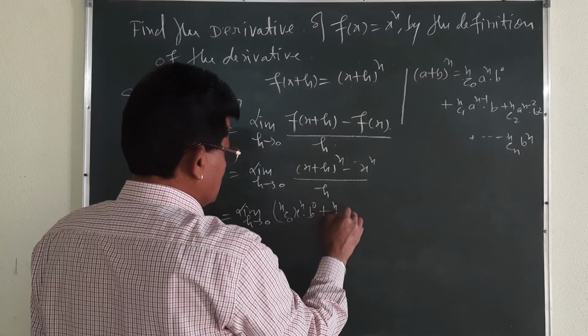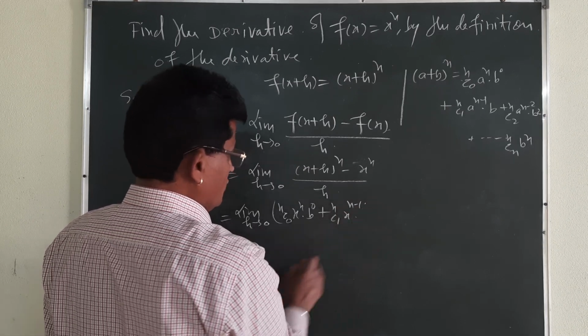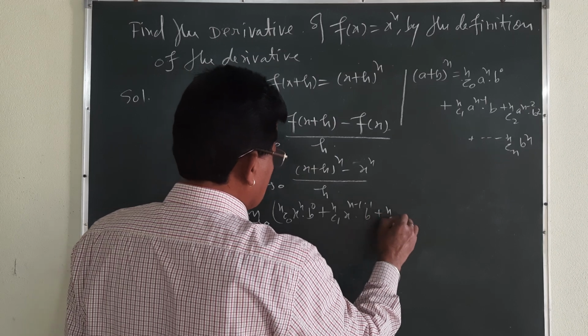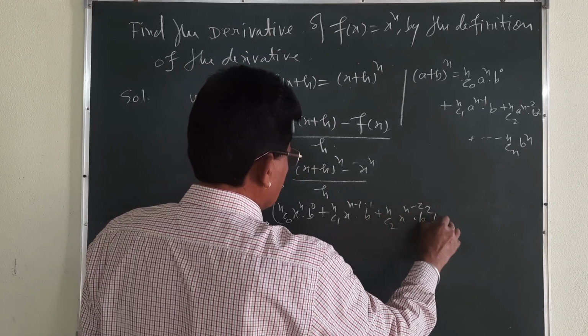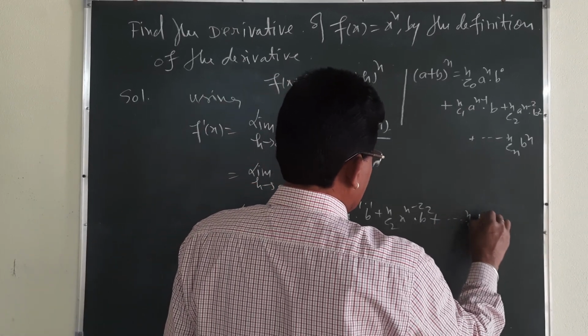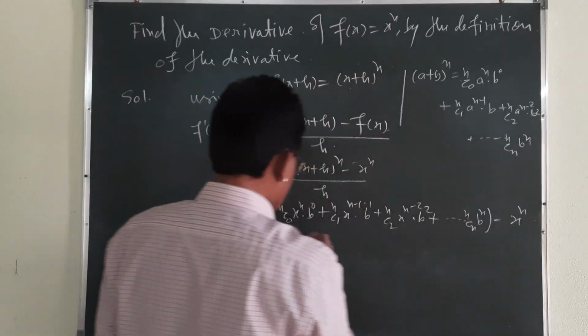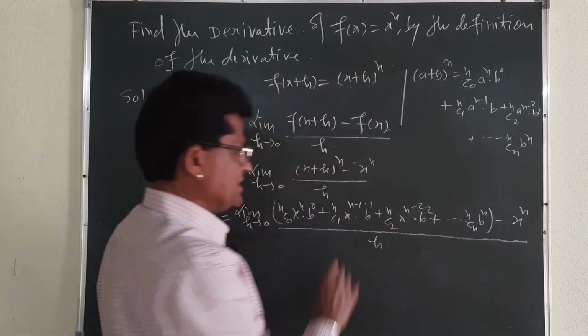Next term, nC1 x to the power n minus 1 into h. If you want to write another term, nC2 x to the power n minus 2 and h square, and so on, you will have to write nCn and h to the power n. Okay, x to the power n, you write as it is. See, my dear student, I have given the very important condition.